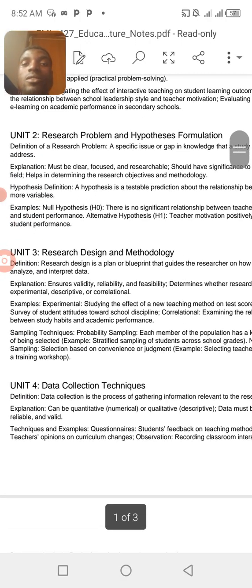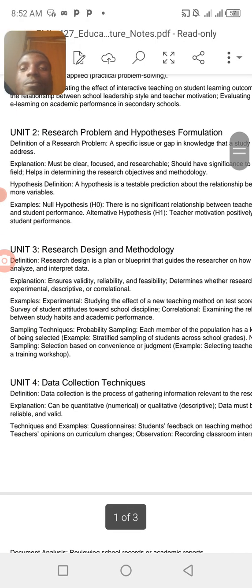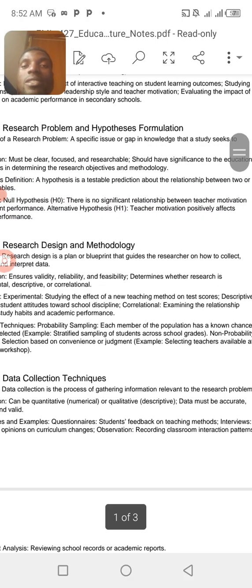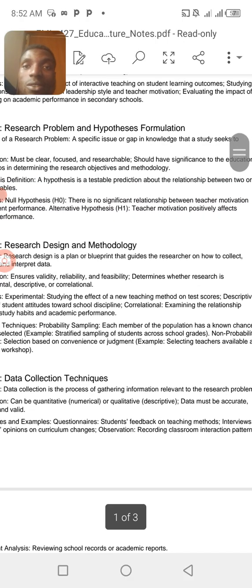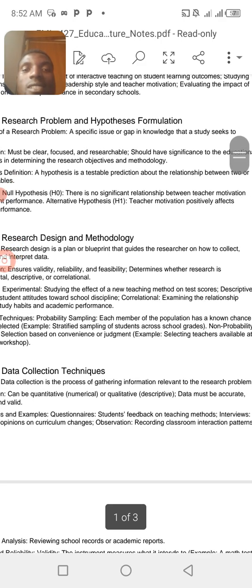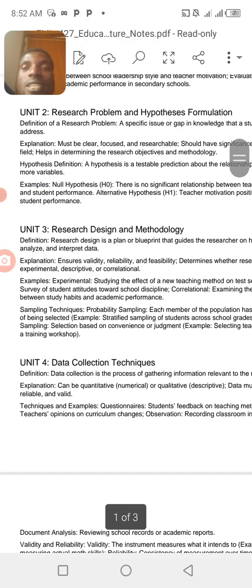So, in unit 2, we are going to look at the definition of a research problem. Now, a research problem is a specific issue or gap in knowledge that a study seeks to address. Can you see now?